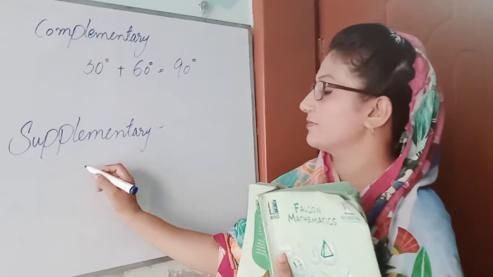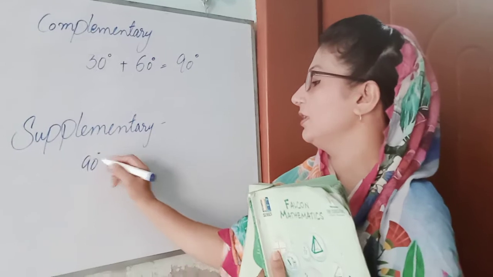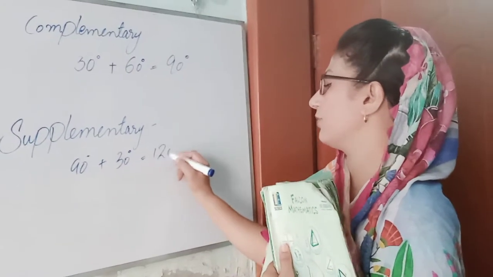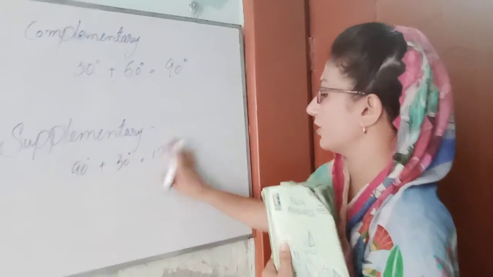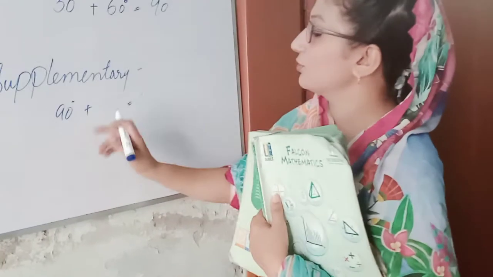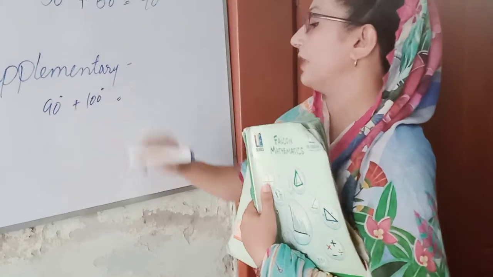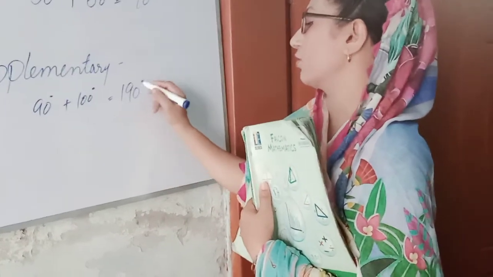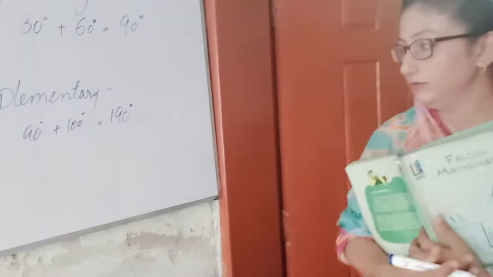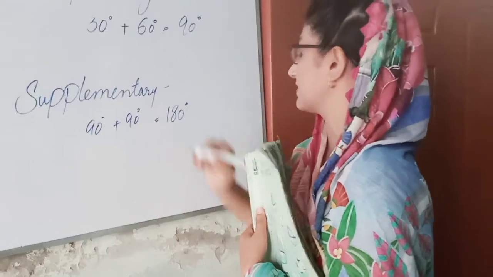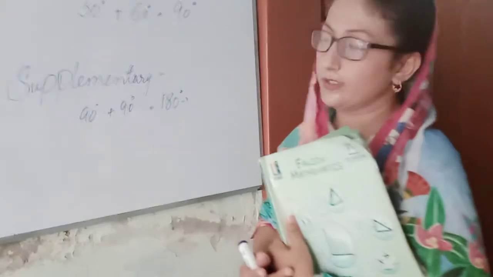But if I am giving you 90 degrees plus 30 degrees and it gives the answer of 120 degrees, or 90 degrees and 100 degrees and it gives the answer of 190 degrees, or 90 plus 90 degrees, it gives the answer of 180 degrees, it means this is called supplementary.